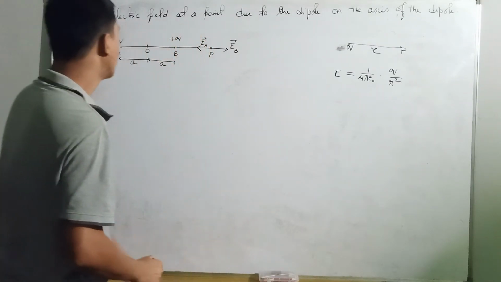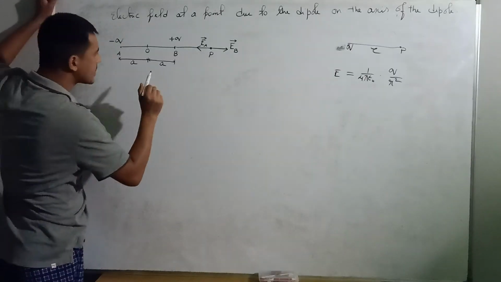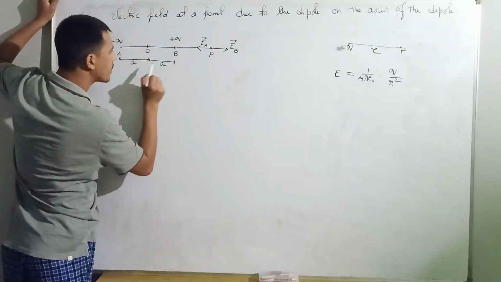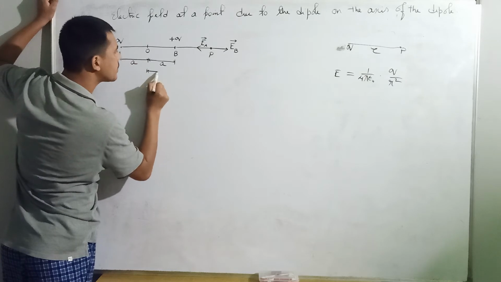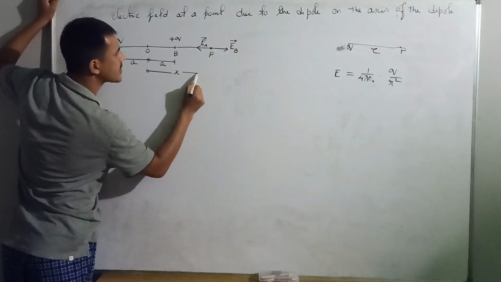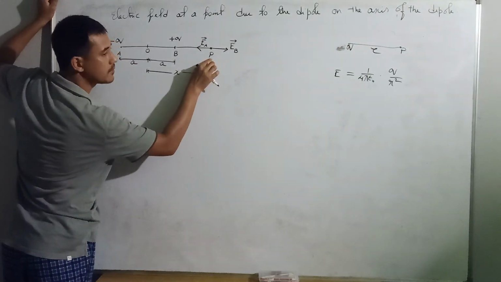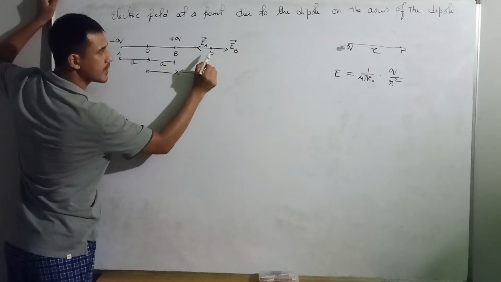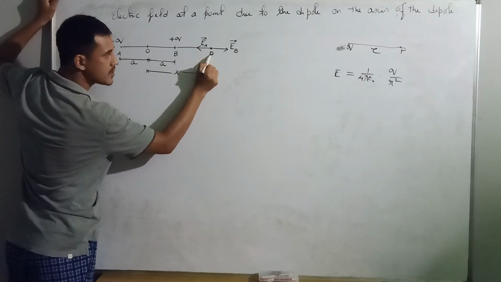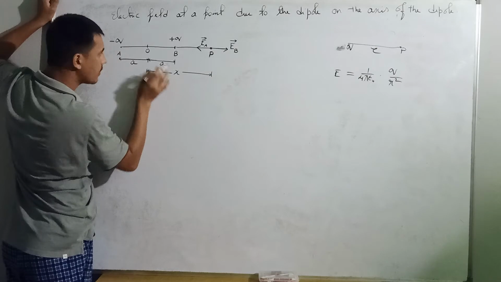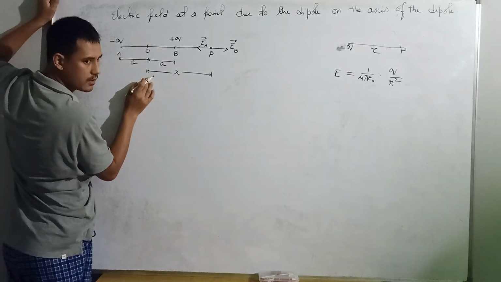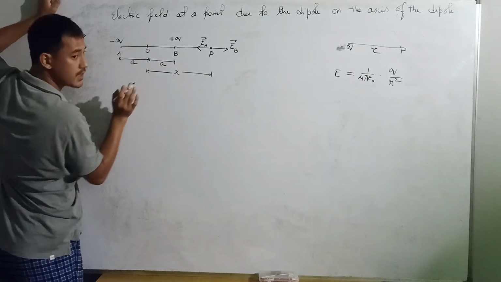Now, let's say that this point P is placed at a distance x from the center of the dipole. All the measurements should be taken from the center of the dipole.